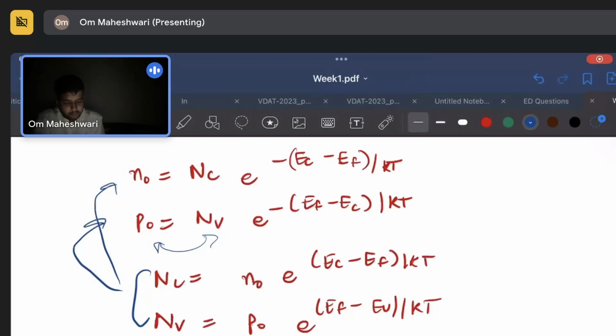So n0 would be, I will replace this n0 p0 by ni. n0 we can now write as ni e to the power (Ec minus Ef) by kT times, as we just wrote for Nc, e to the power minus (Ec minus Ef) by kT.